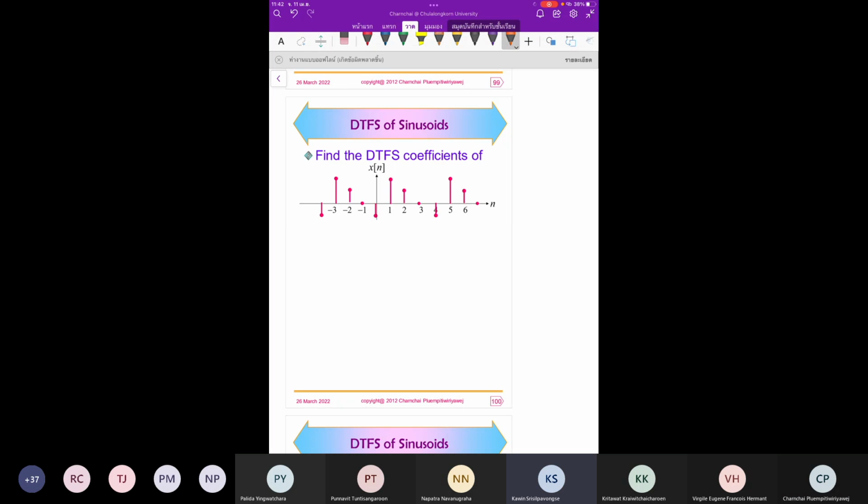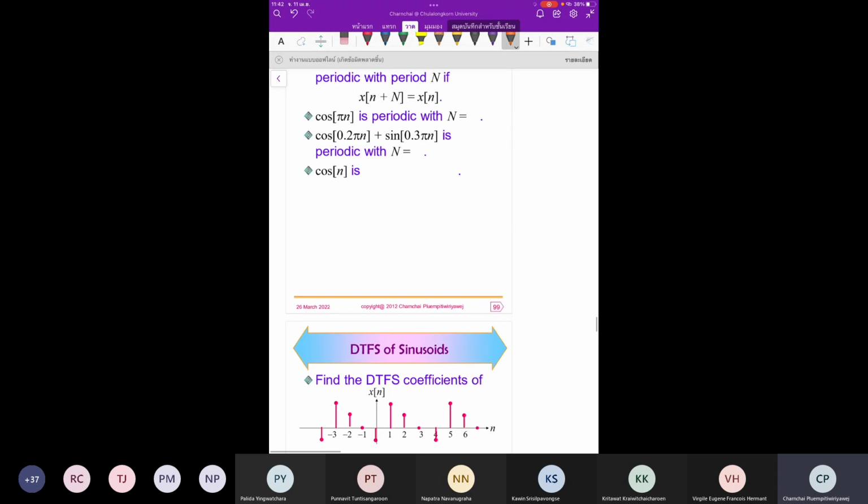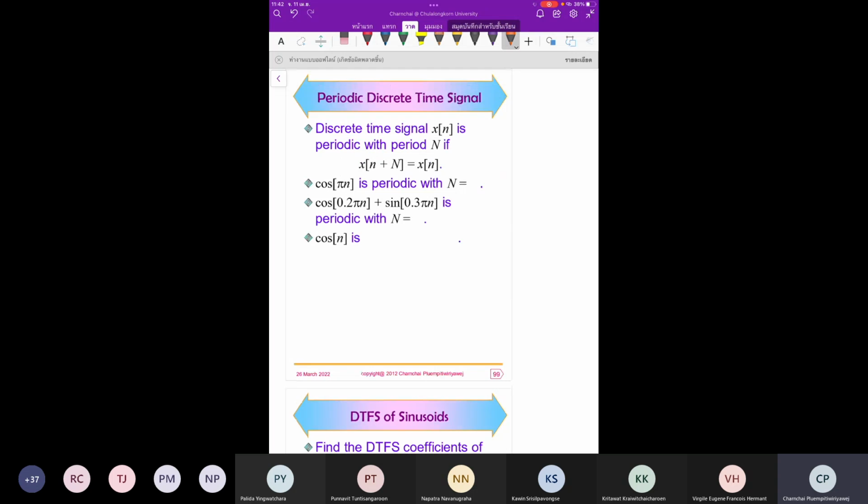Professor, are you going to show page 99 or do we need to find it out on our own? 99 is nothing. We have talked about it before the midterm. It's about the sum of two periodic functions, discrete time periodic function. Cosine n is non-periodic.